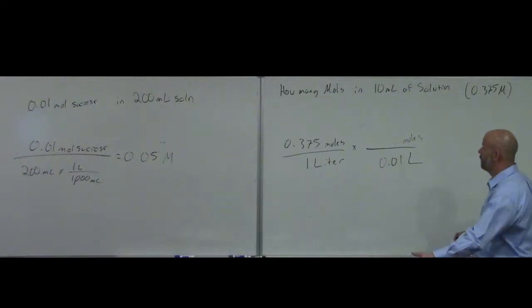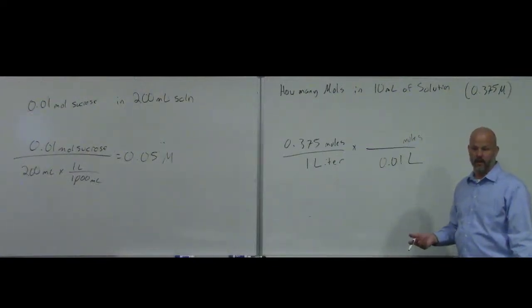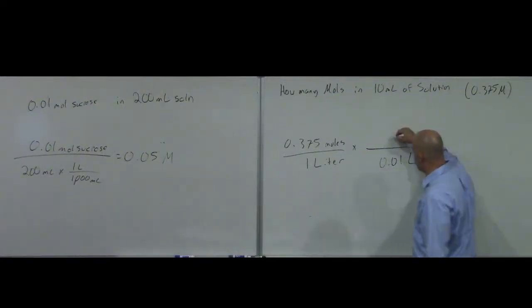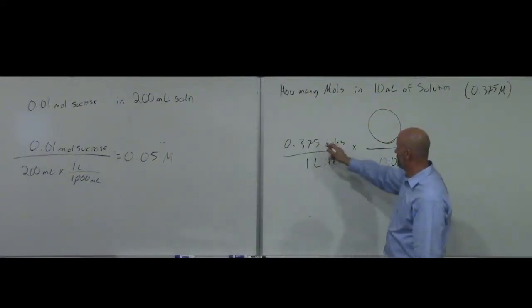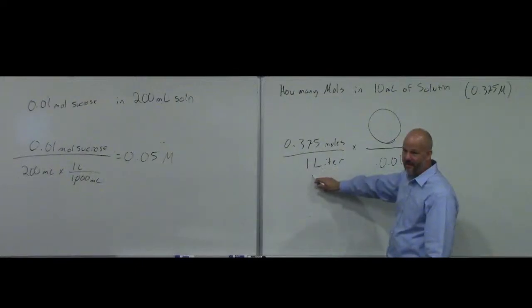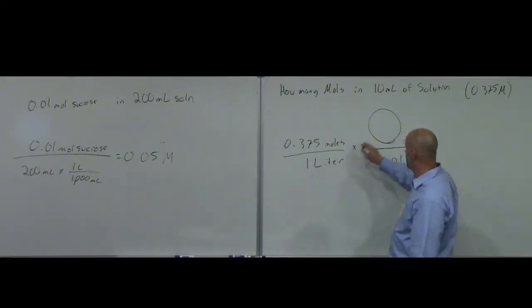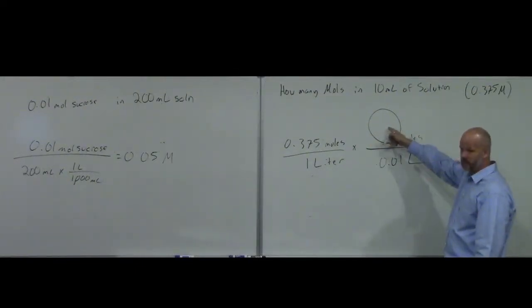So this is where we do what's called cross multiply and divide, right? I'm trying to solve for this. So what I do is I multiply this times this and I divide by that. And it should always allow me to solve for this other variable.